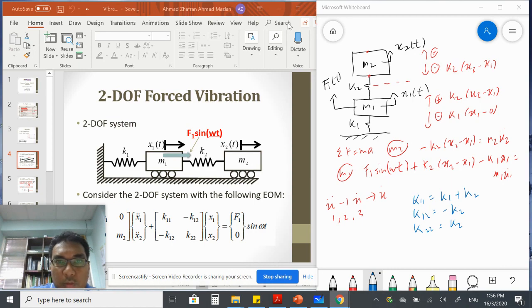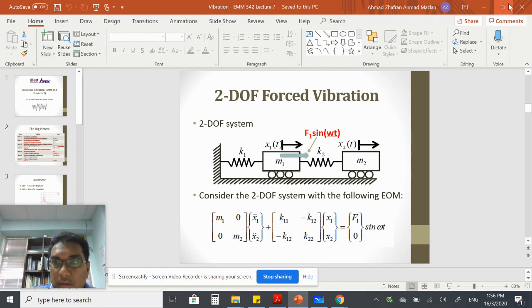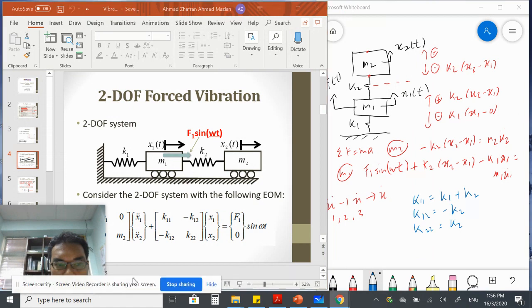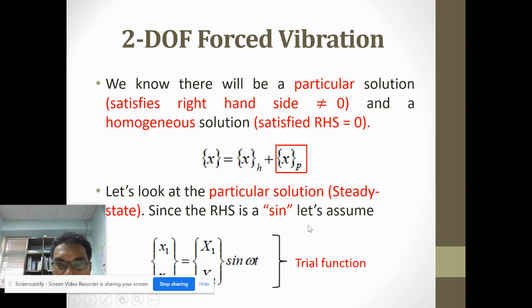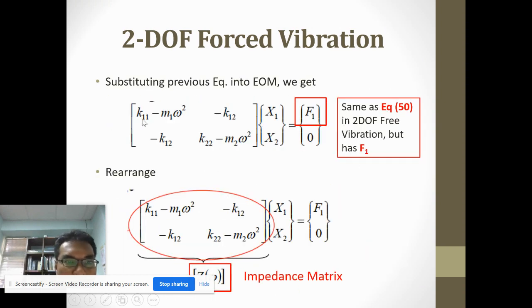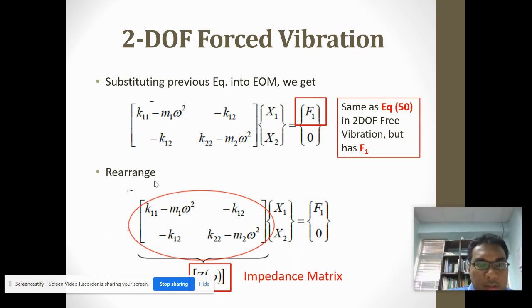When we go back to the lectures, this k11 refers to k1 plus k2, and also this k12 refers to minus k2, and k22 is for k2. So you can derive it and then you can get it in terms of this form.